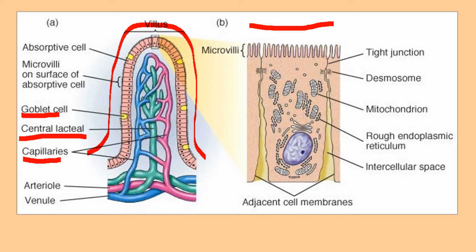Another function of the lymphatic system is to absorb fat-soluble nutrients, which we'll talk about, and that happens in this lacteal here. So as food material crosses the absorptive cells, that food material is either going to enter a blood capillary or it's going to enter a lymphatic capillary, depending on the type of material.